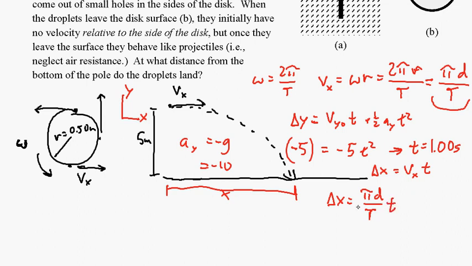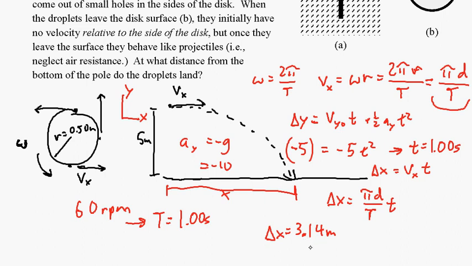So what's the period of the disk? The disk goes at 60 rpm, so that means your period is, of course, 1.00 seconds. That's how long it takes the disk to go around once. And so that's kind of convenient since big T and little t are both 1.0 seconds. They just cancel. D is 1 meter. So delta x is going to be 3.14 meters. And if you did it with 9.8 for g, you probably got like 3.17, something like that.